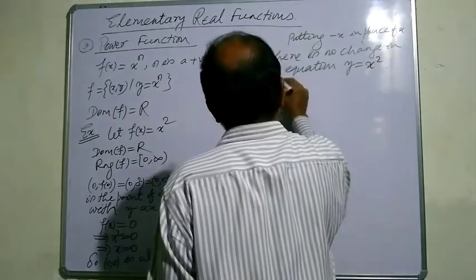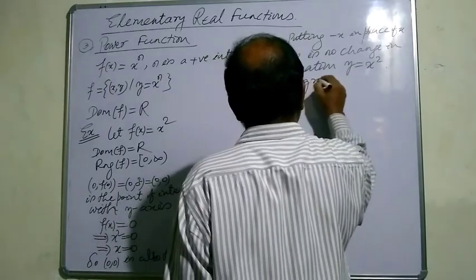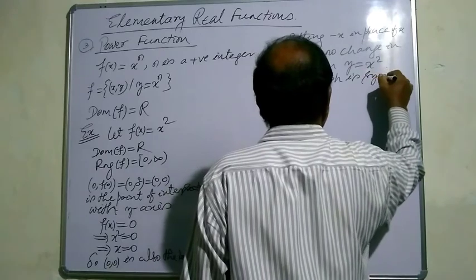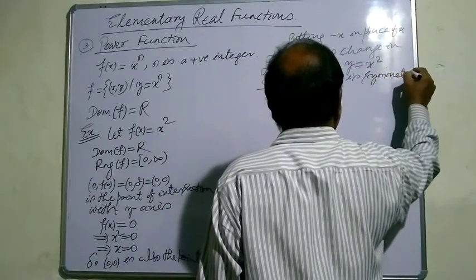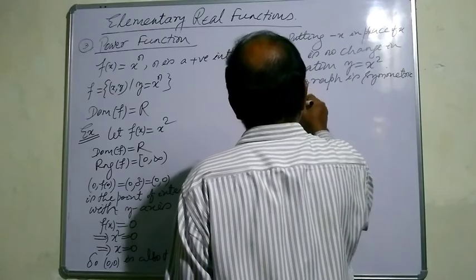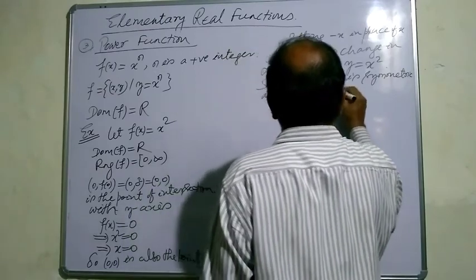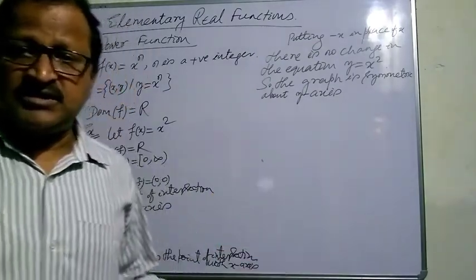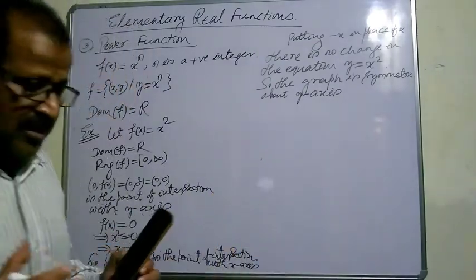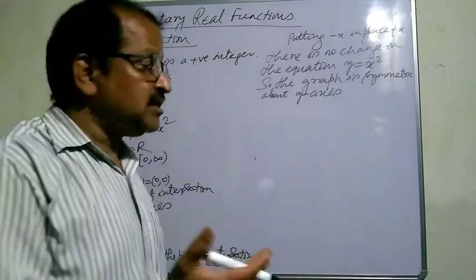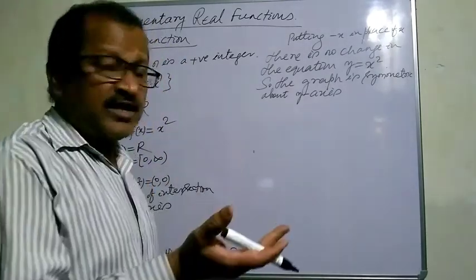So the graph is symmetric about the y-axis. That means the equal parts of the graph lie on both sides of the y-axis, to the left and to the right.